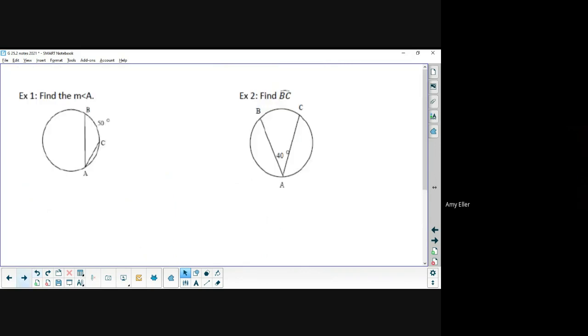Okay, let's look at this first question. Put a dot where the angle vertex is. It's not at the center. It's on the circle. So since this is an inscribed angle, I'm going to write my formula. Angle equals half the arc.